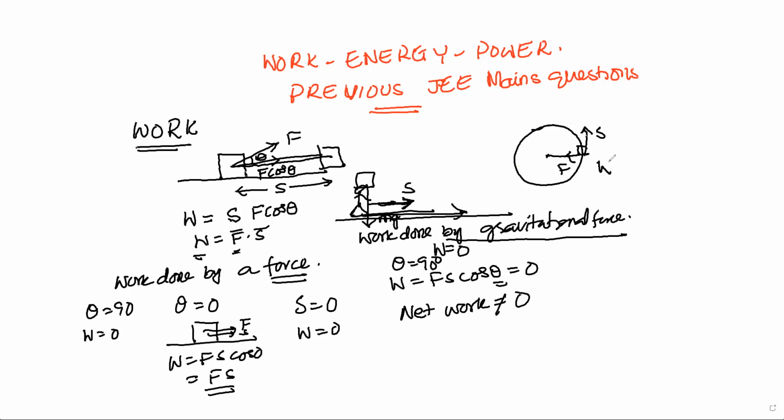So work done by the centripetal force is 0. Also, suppose the body starts at this point and comes back to the same point, then what is the work done? In this case, work done is 0. Why? Because it comes to the same position, S equals 0.